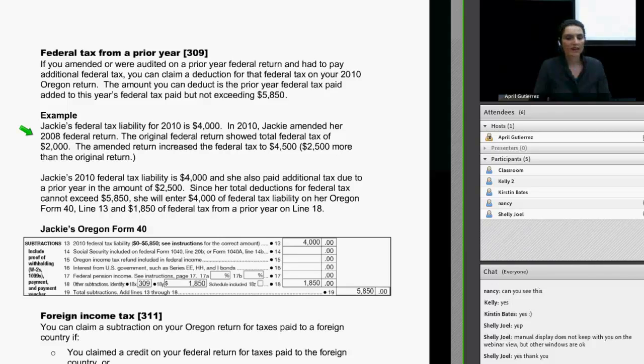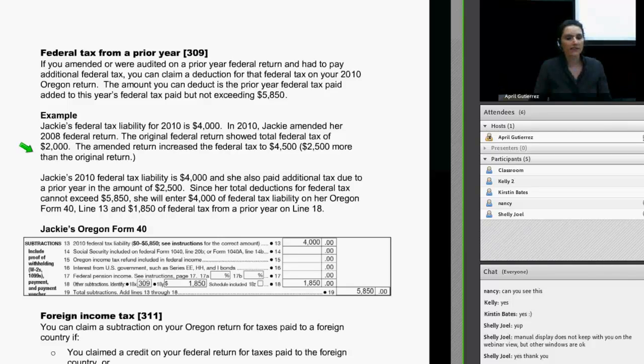So here's an example. Jackie's federal tax liability for 2010 is $4,000. In 2010, Jackie amended her 2008 federal return. The original federal return showed federal tax of $2,000. The amended return increased the federal tax to $4,500, which is an increase of $2,500 over the original return.